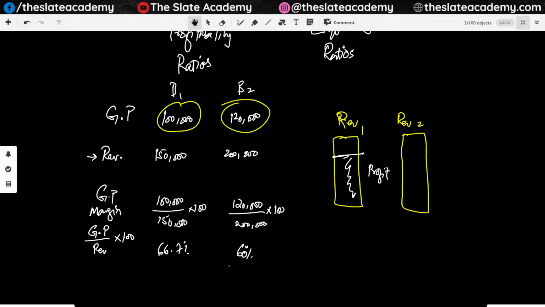Now if I calculate the operating profit margin for the two businesses, for the first one the formula would become 80,000 over 150,000 into 100. And for the second one, it will become 100 over 200 into 100.